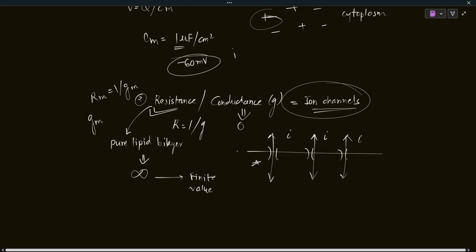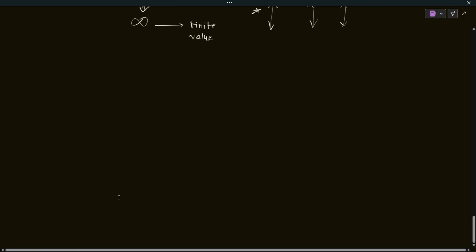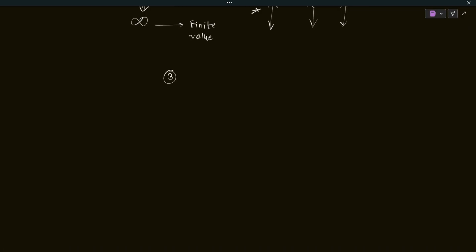Then the third and very important property that neuronal cells have, exactly analogous to electrical circuits, is the electromotive force. Again, you need some electromotive force. I will write it as EMF, electromotive force, which is given by batteries in the circuit. So batteries provide the electromotive force, or let's say equilibrium potential.